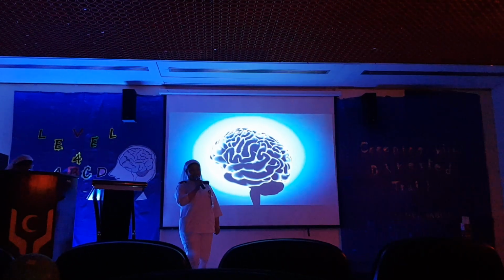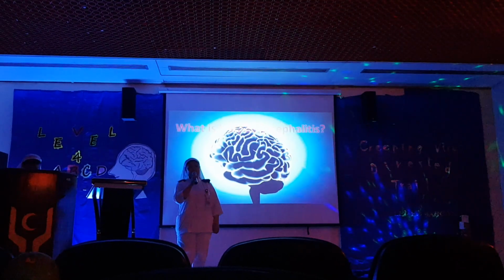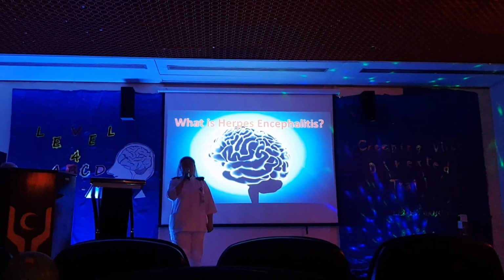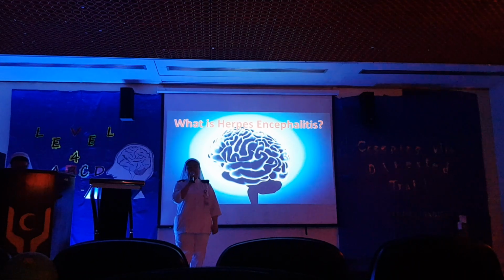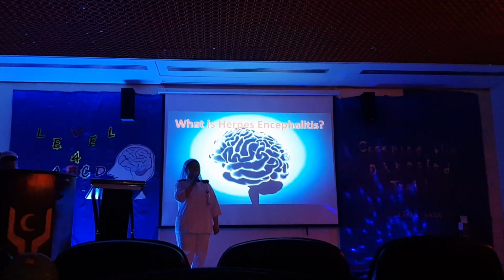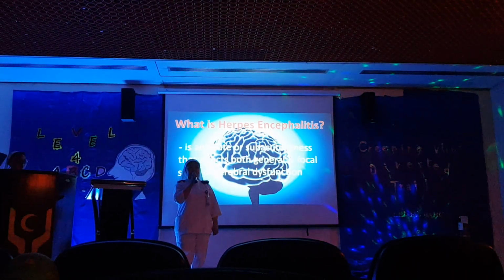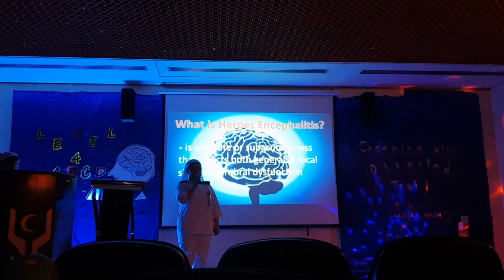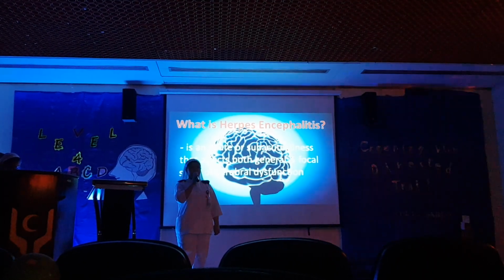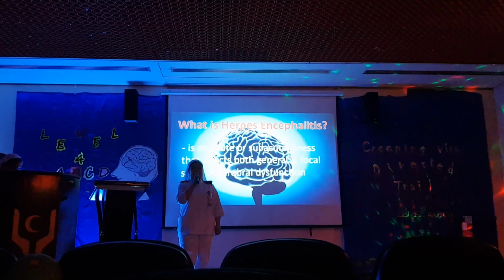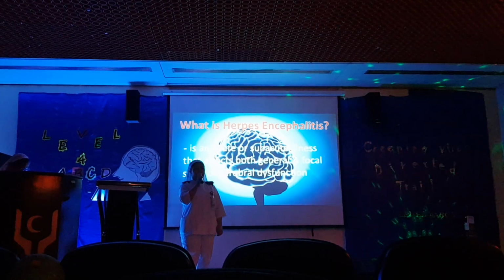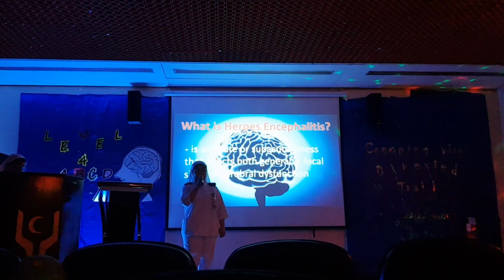Good afternoon, guys. So, what is herpes encephalitis? Herpes encephalitis is a viral encephalitis that happens when the herpes simplex virus enters the brain. It can be an acute or subacute illness that may affect both general and focal signs of cerebral dysfunction.